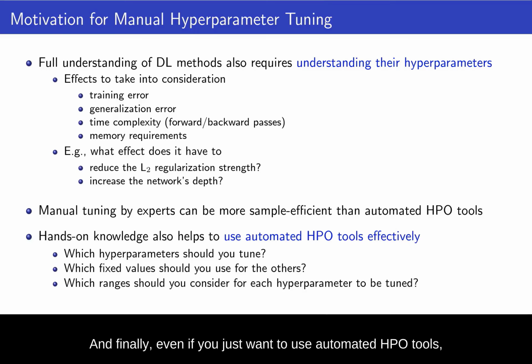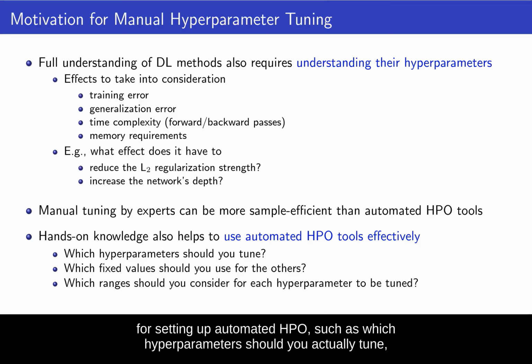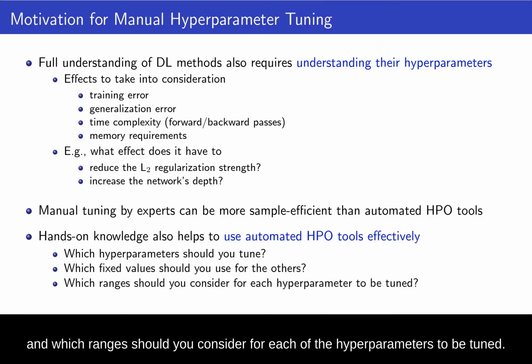And finally, even if you just want to use automated HPO tools, then the knowledge gained through this manual experience is very helpful for the various decisions in setting up automated HPO, such as which hyperparameters you should actually tune, which fixed values you should use for the others, and which ranges you should consider for each of the hyperparameters to be tuned.